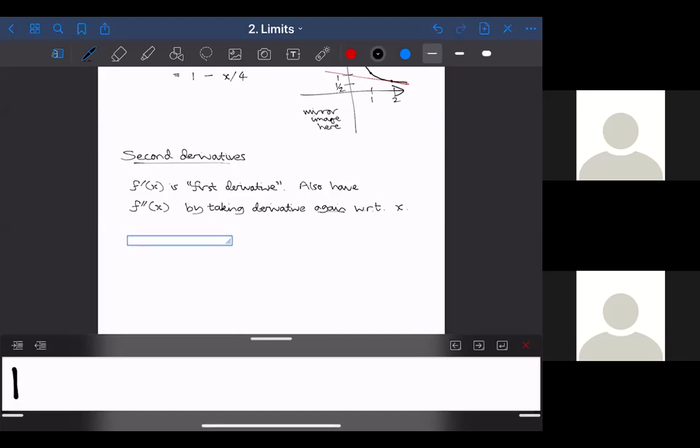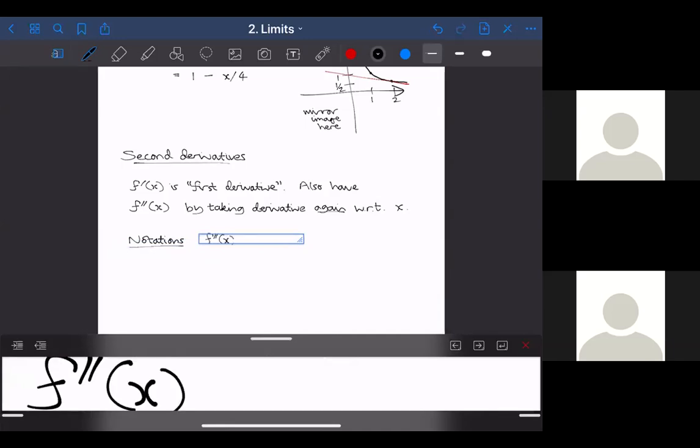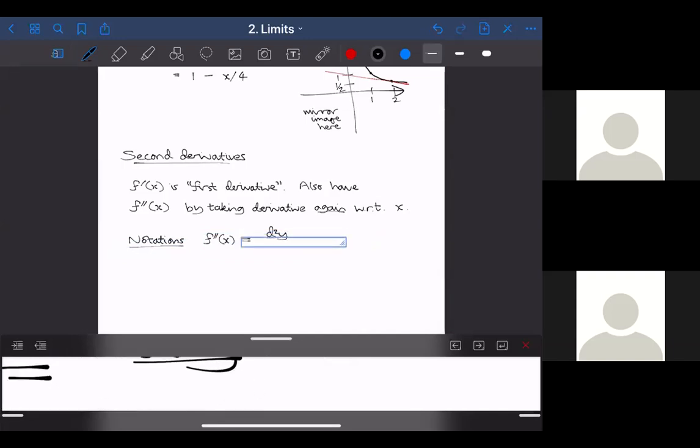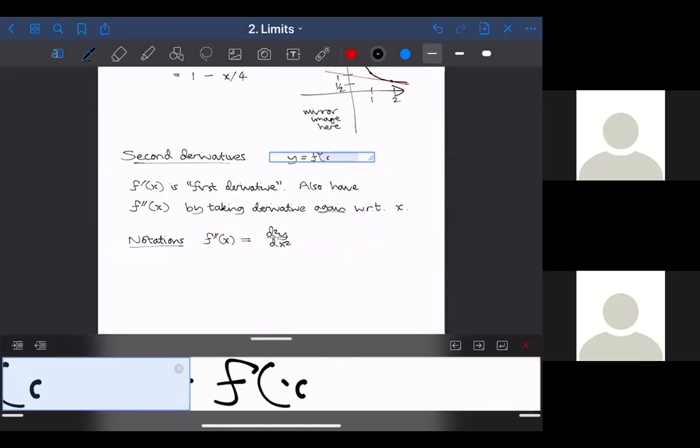So notations first. There's lots of different ways that people write this. f prime prime of x, the function of x, is the same as, if y is f of x, d squared y over dx squared.